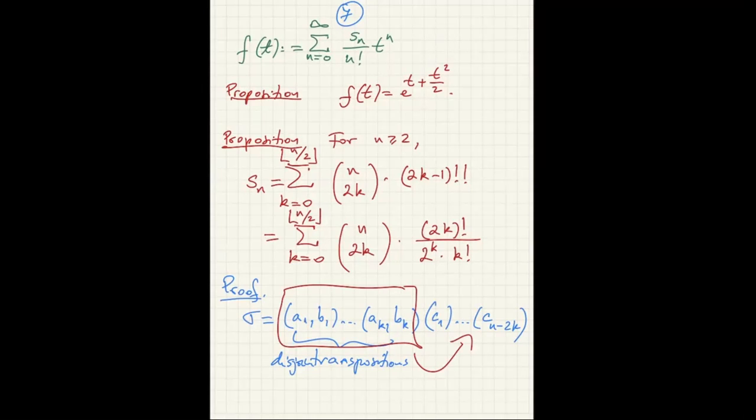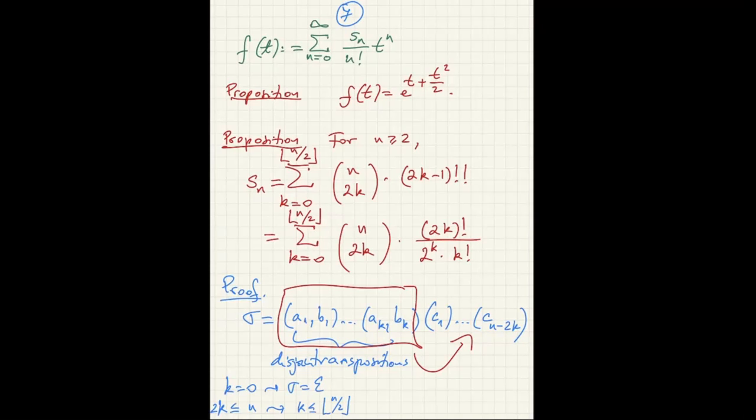So now in the formula above, what we do first is ask how large this k can be. Well, k could be as small as 0, in which case the permutation sigma is the identity, but 2k has to be less than or equal to n, so that leads to k being at most floor of n over 2. That's the range of our summation. And then how do we do the count?